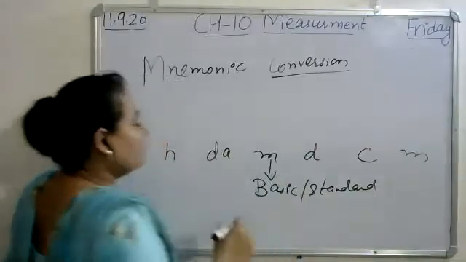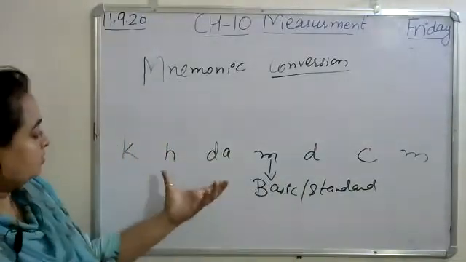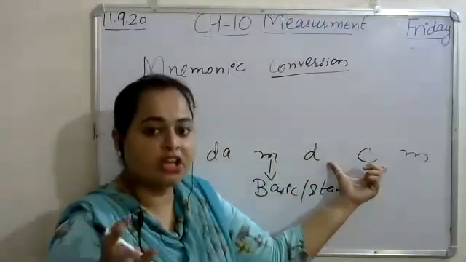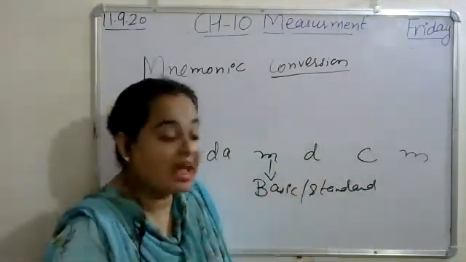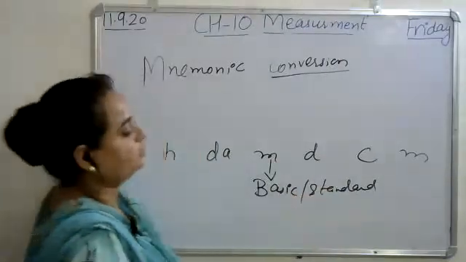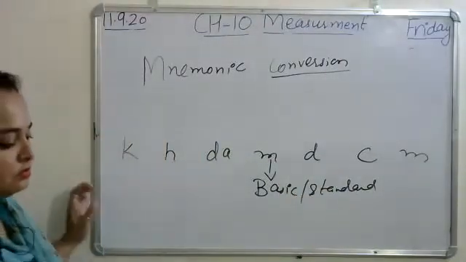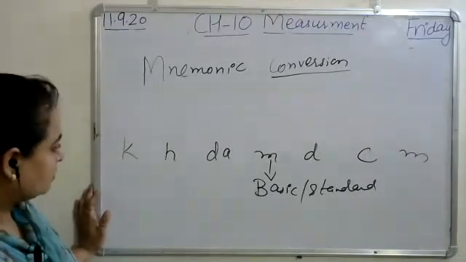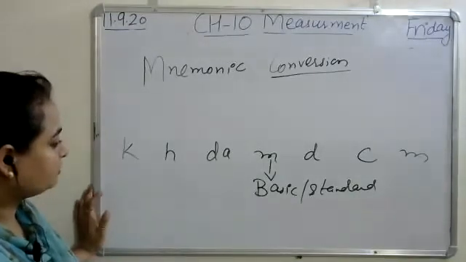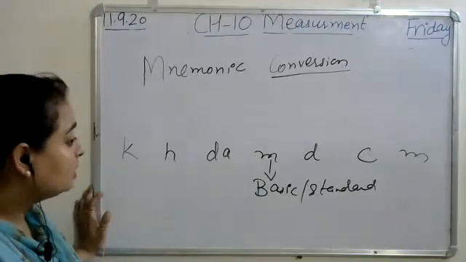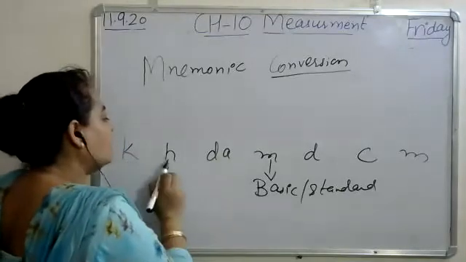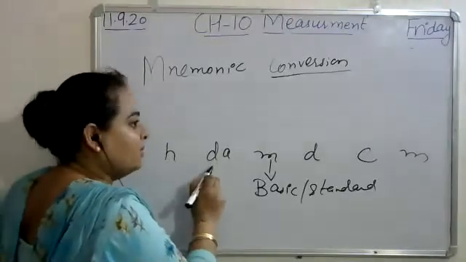Now tell me, left hand side we have 3 units, right hand side we have 3 units. Which units are bigger and which units are smaller? Kilometer, hectometer, decimeter. These are bigger. Ji, beta, you are saying kilometer, hectometer and decimeter.